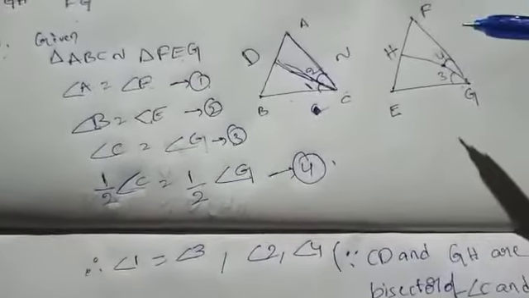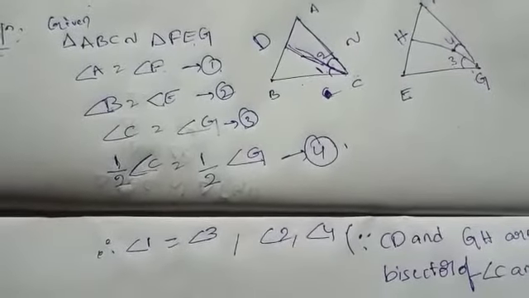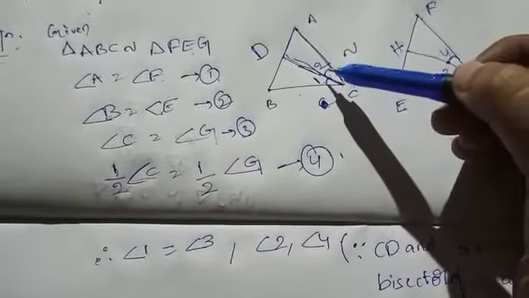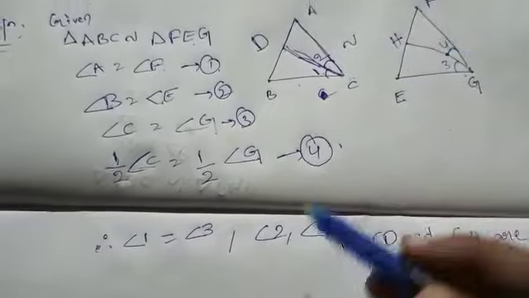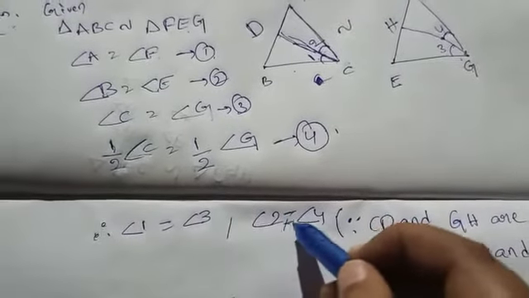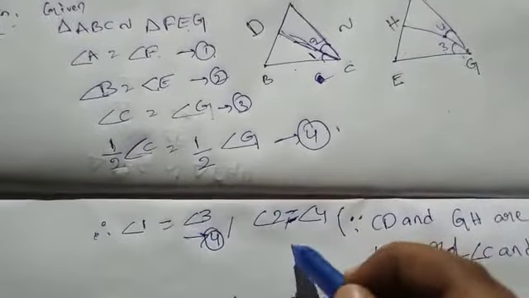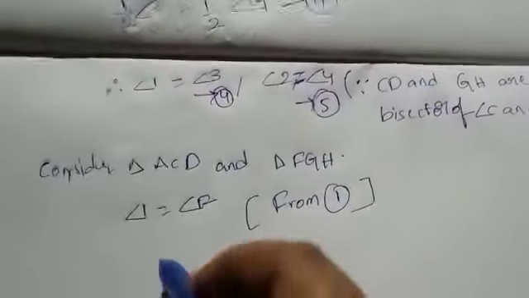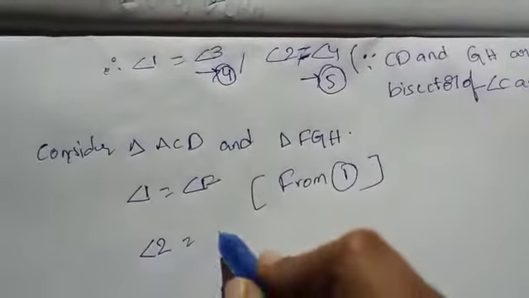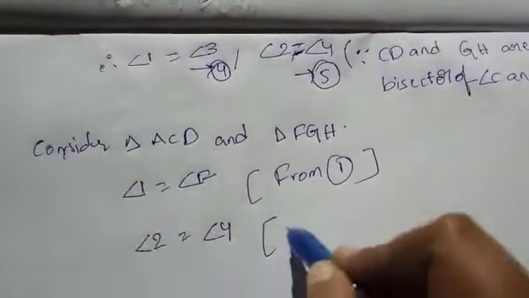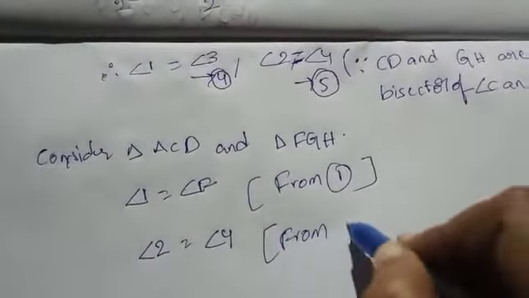Next, angle 2 equals angle 4. This is the fourth one, this is the fifth. Here angle 2 equals angle 4 from 5.